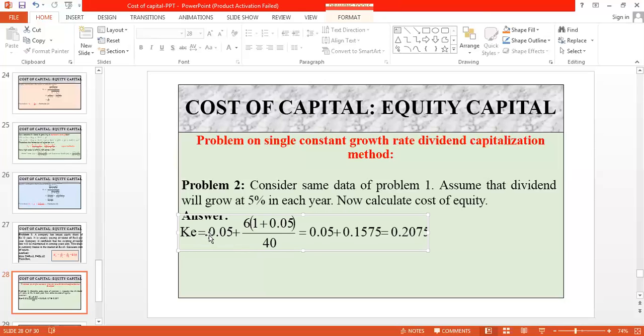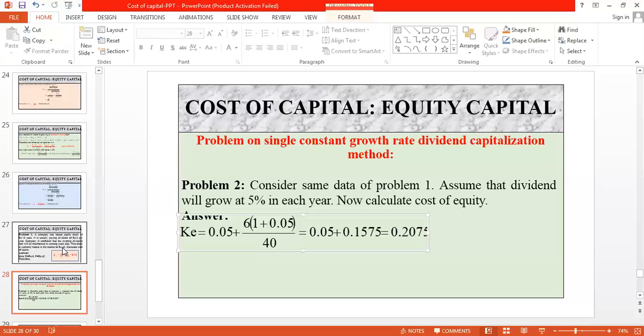So KE is equal to 0.05 plus 6 into (1 plus 0.05) by 40. So it is 0.05 plus 0.1575. That means if you calculate the right-hand side of the plus, it becomes 0.1575. If we add the two, it becomes 0.2075.